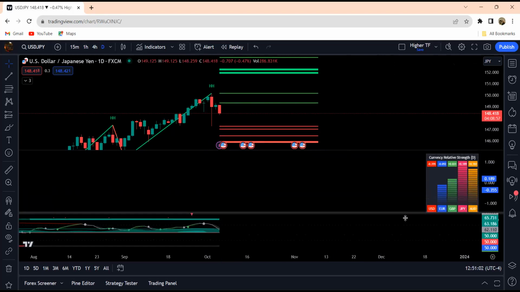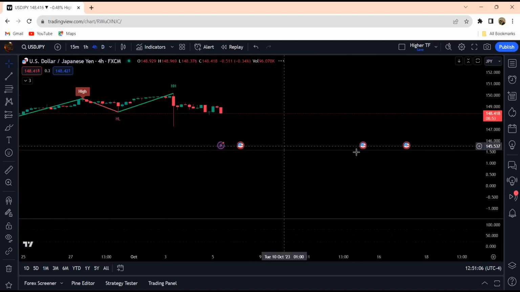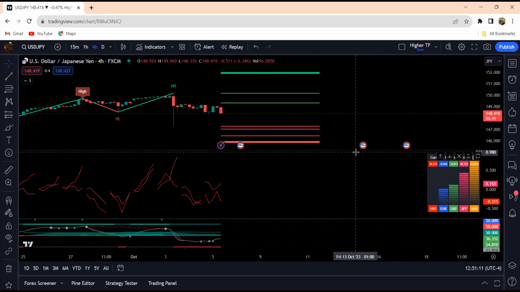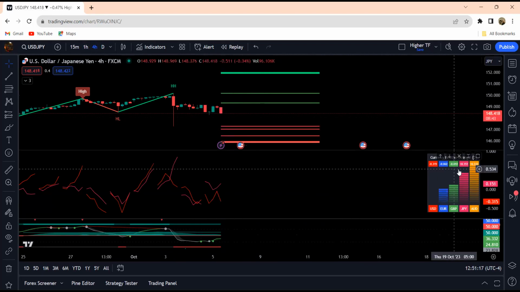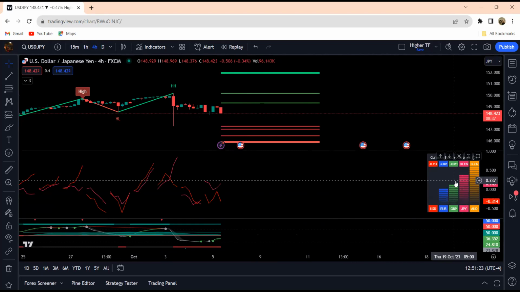Okay, moving on. What I typically do is I'm watching the 4-hour for my swing trades, and daily for daily directional bias instead of the 4-hour, but more so I really like the reliability of the currency strength meter here.